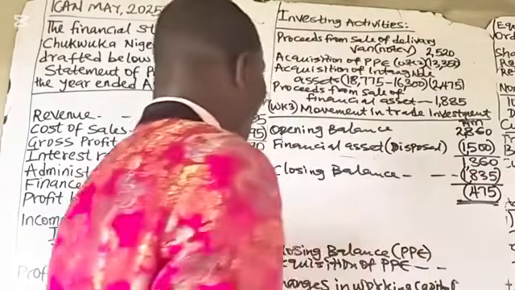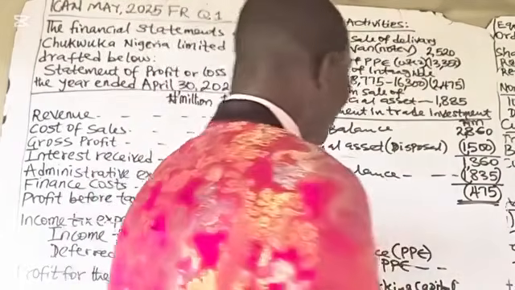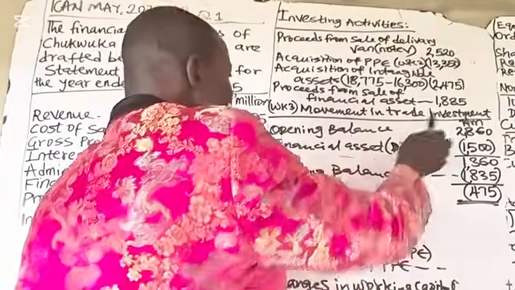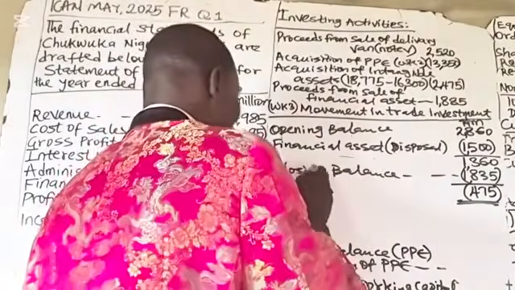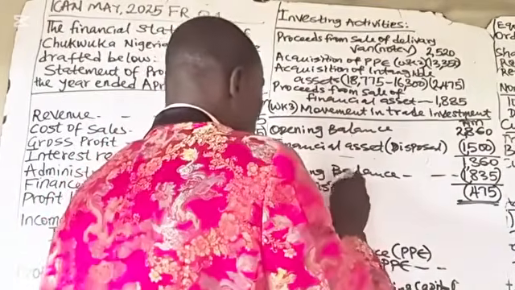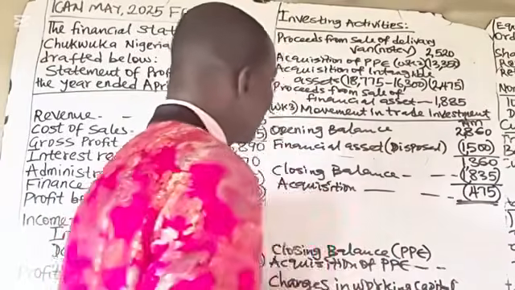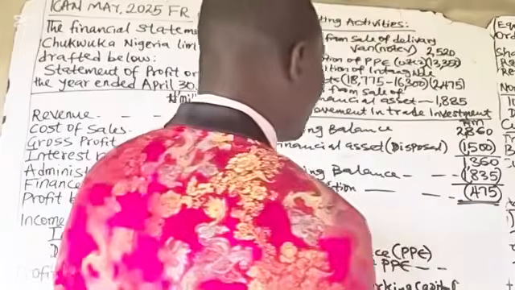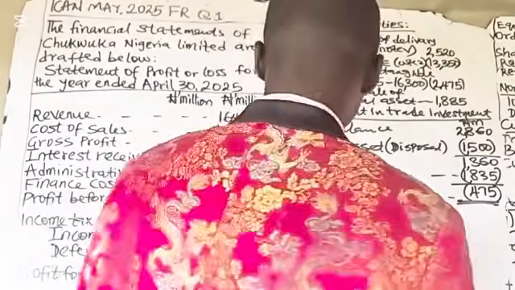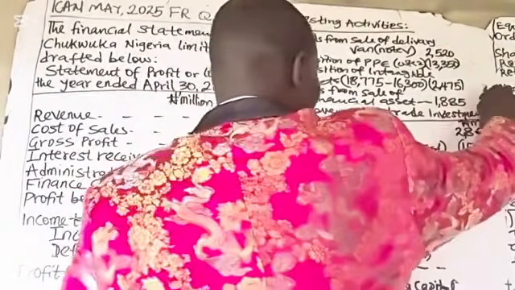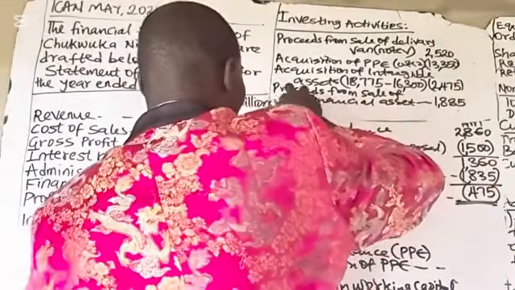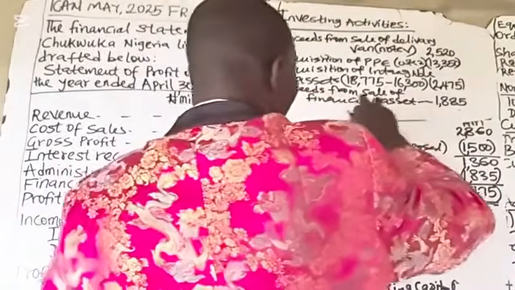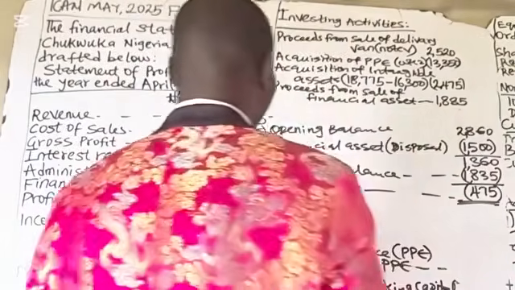This means there is further acquisition of trade investment during the period. So this acquisition during the period of 475 will be reported as investing activities. So we want to recognize that acquisition as investing activities.